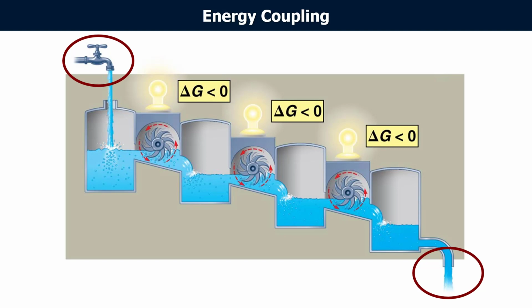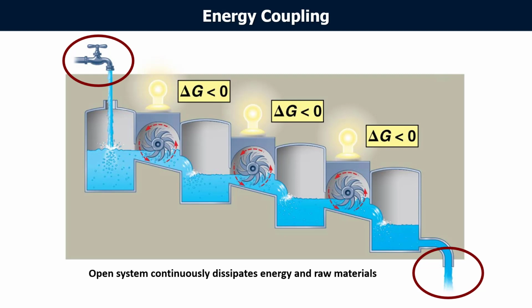So as long as we have more energy and materials coming in at the top where the faucet is, and as long as we're releasing energy and raw materials at the bottom where the drain opening is, this system remains alive continuously. So an open system continuously dissipates energy and raw materials.